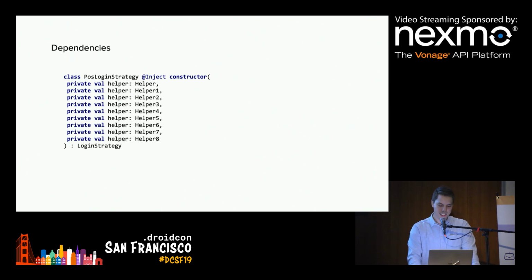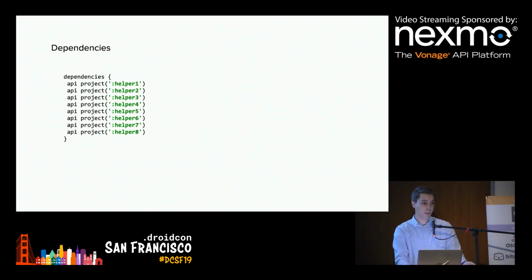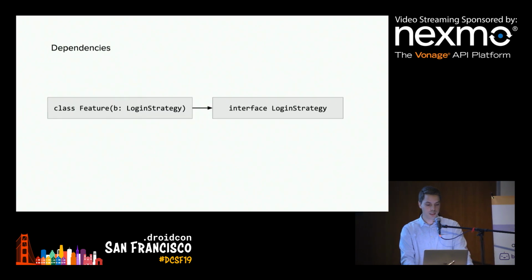So what does this do with our dependency graph? Well, when we want to reuse logic, we have to import all those libraries. And again, this is kind of expected. But what happens if we want to consume this library? Let's say I want to reuse this LoginStrategy in my Feature class. That's what I would ideally hope for.